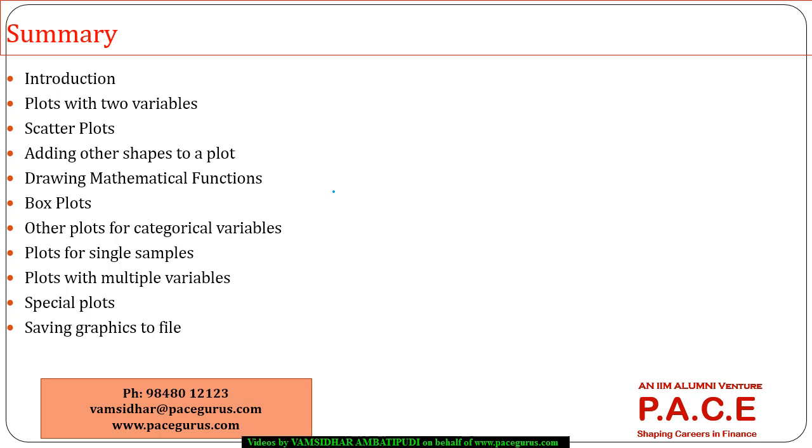Then we looked at box plots, bar charts, and Tukey HSD for the different categorical variables. Then with single samples, we looked at the histogram, the pie chart, index charts, the strip chart, and also qqnorm, which is the normality check chart.